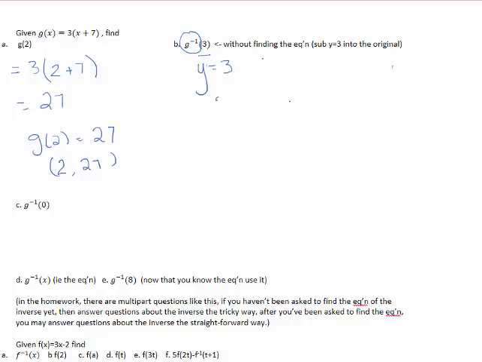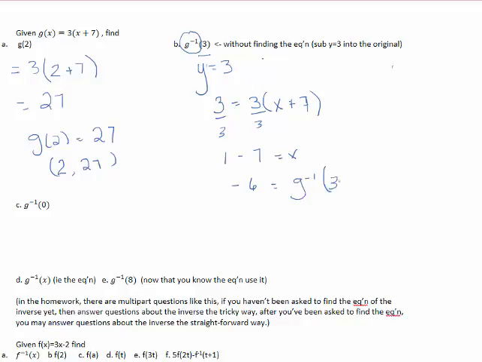So here I'm going to put 3 in here, 3x plus 7, and I'll be able to come up with the answer as well without having to do the inverse equation. So 3 minus 7 is -4, divided by 3 equals x. So my answer here must be -6.